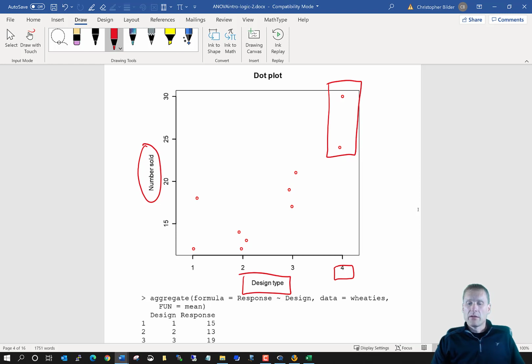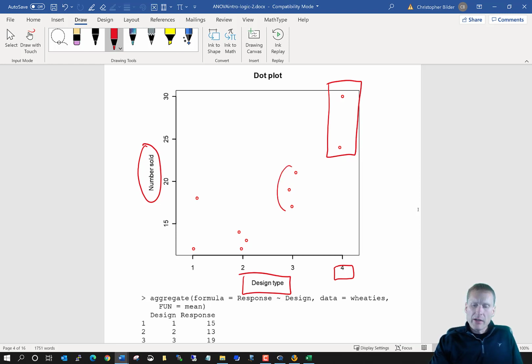Maybe design type 4 will be better for a larger population of grocery stores, because what my sample's telling me is that, at least in the sample, the sales are higher for design type 4 than any other design type. Again, we have a small sample size here, so it's hard to necessarily make that generalization just from this plot, but at the very least, it should get you thinking about it.